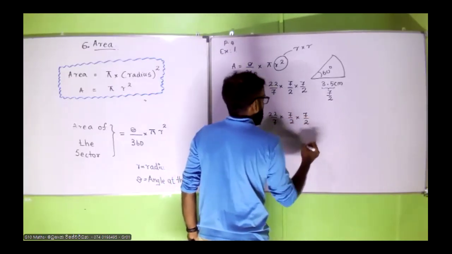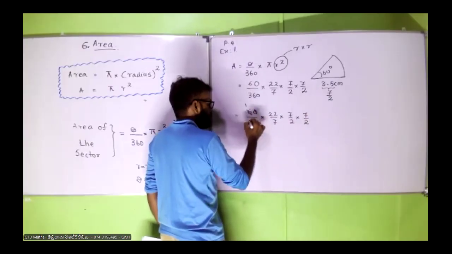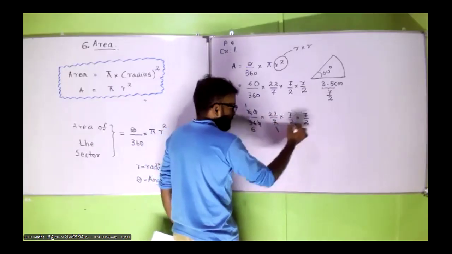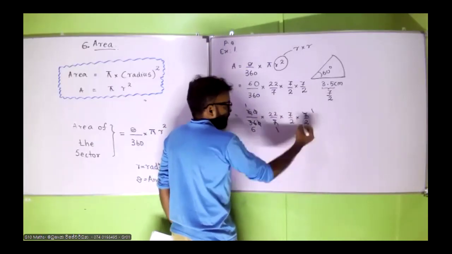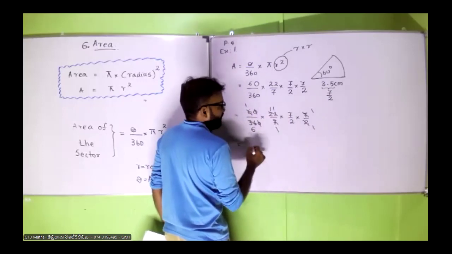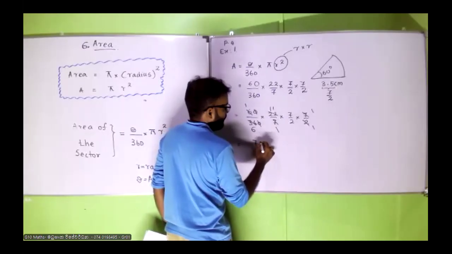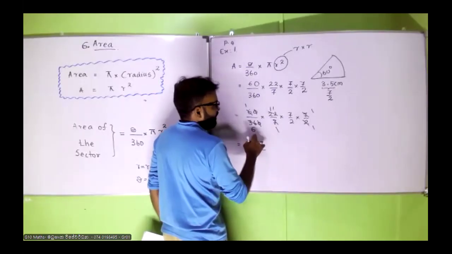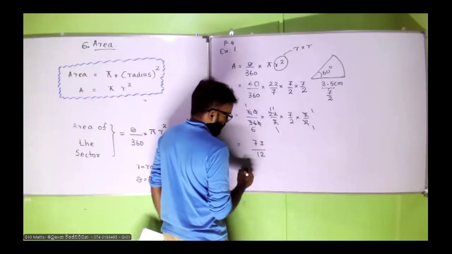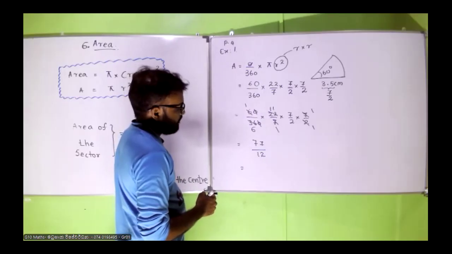Now I am going to simplify the numerator and denominator. 6 times 1, 6 times 6, 7 times 1, 7 times 1, 2 times 1, 2 times 11. So in the numerator I have 11 into 7, 77. In the denominator, 6 into 2, 12. 77 divided by 12.